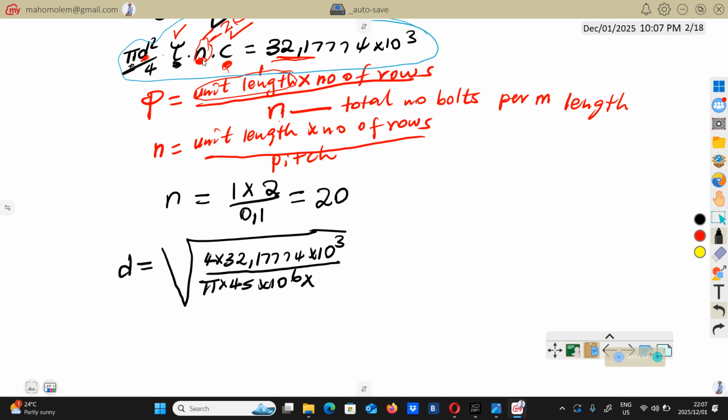And divide by, what are we making? Yeah, divide by c, or n, the number of bolts. So it's 20 multiplied by c, single shear, 1.